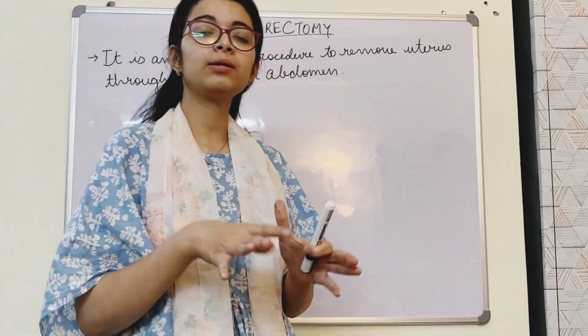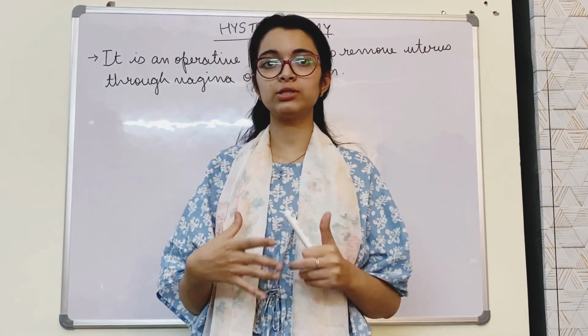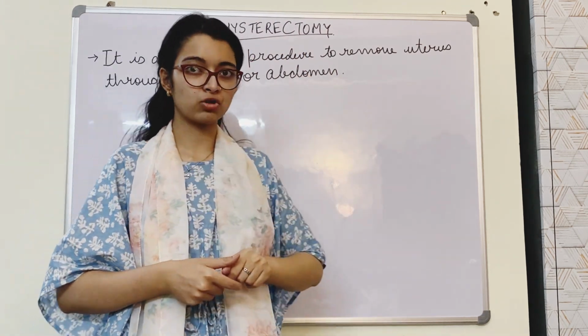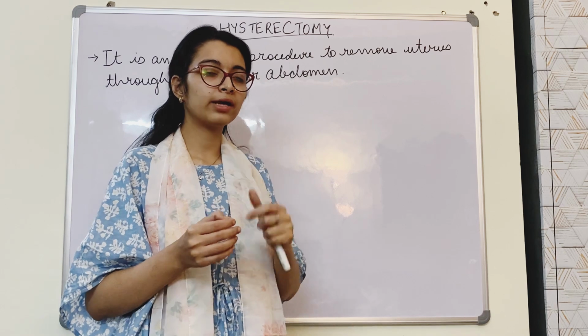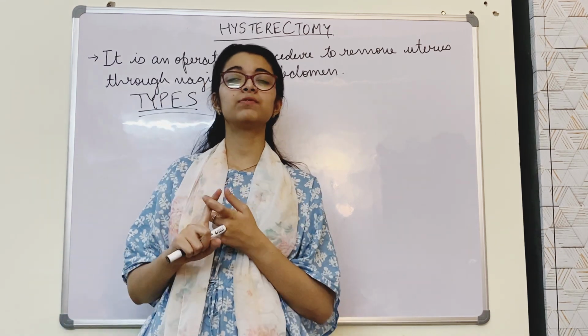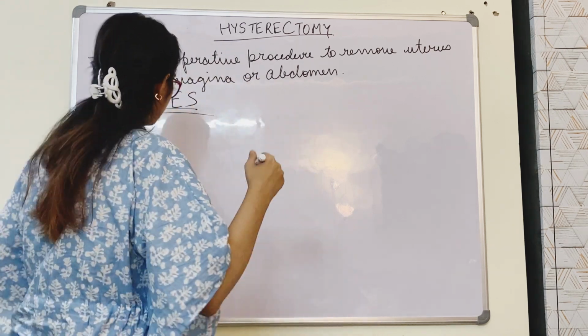Like in my case today, it was all through the abdomen. So I will be discussing the abdominal hysterectomy today. Now let's move further and discuss the types of hysterectomy. First we will look at the total hysterectomy.